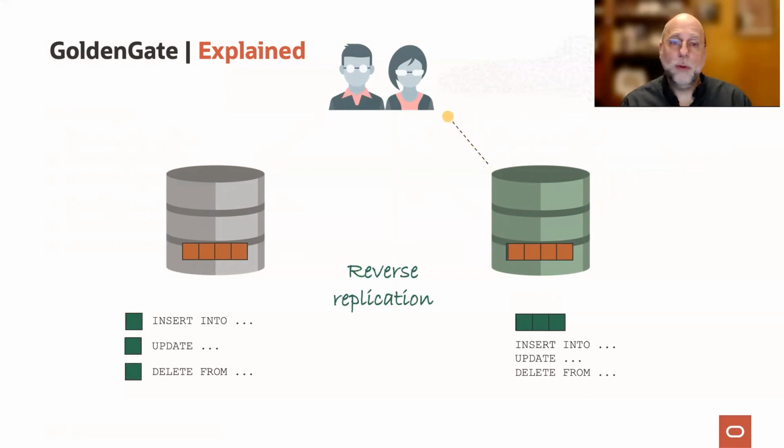But there's more. You can have reverse replication. After you've migrated to the new environment, you can have a nice fallback possibility by having reverse replication from, say, 19c back to 11.2.0.4. And then if for some reason you decided that 19c wasn't cutting it for you, you could switch the users back to 11.2.0.4 without having lost any data.